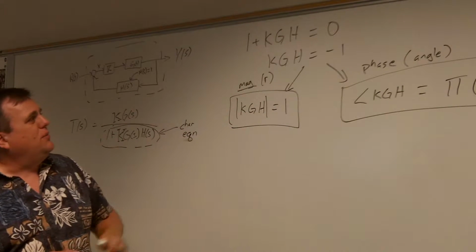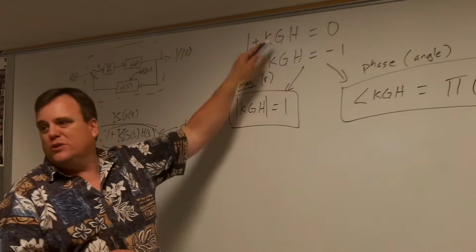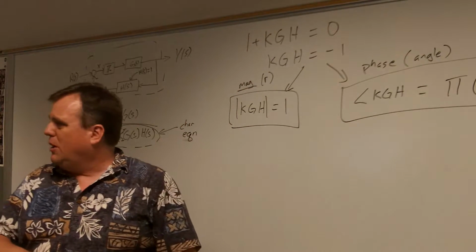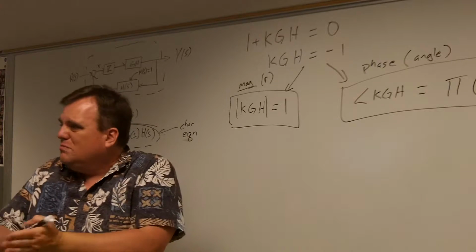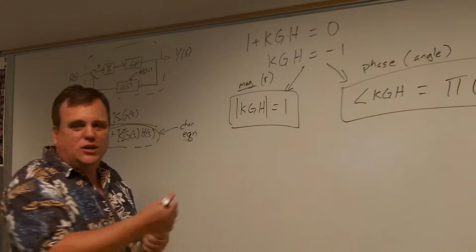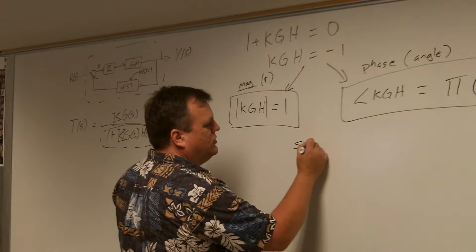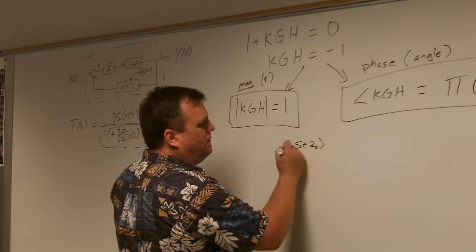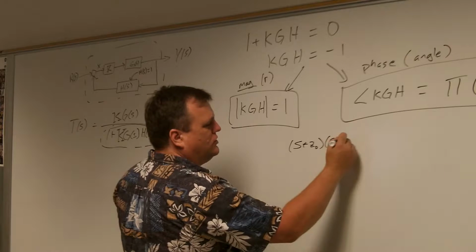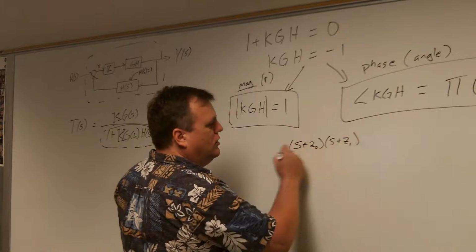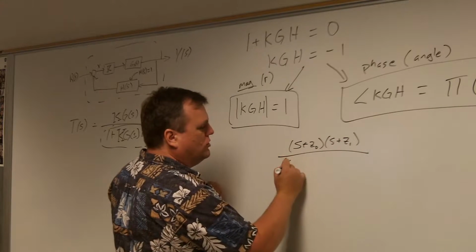Now remember when we got G, it was basically a ratio of two polynomials. Once we had factored it, it looked like S plus the first zero, times S plus some second zero, all over a bunch of poles that we had factored.